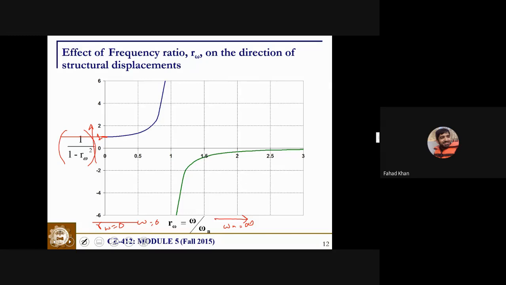Now, if you look at this diagram all the way up to probably up till here, these values are very close to 1. What does it mean? It means that for a smaller value of r omega, we can surely assume that the structure is displacing as a rigid body, or as a static displacement, and it does not have any kind of amplification.